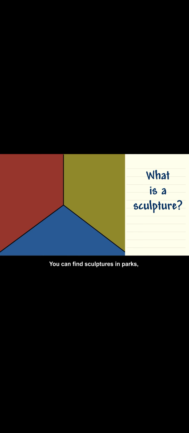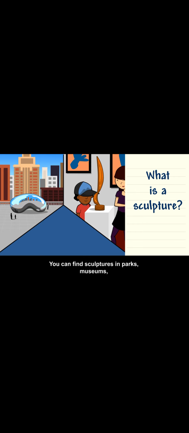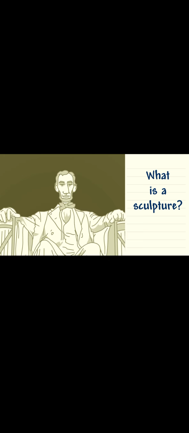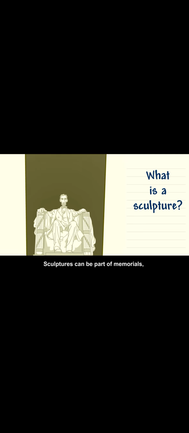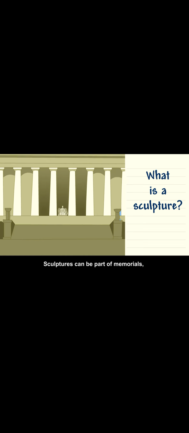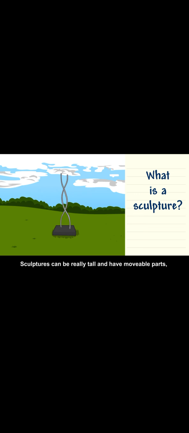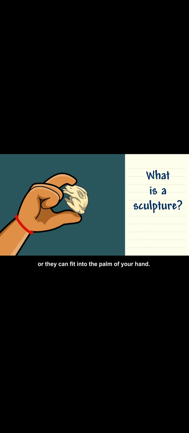You can find sculptures in parks, museums, and in some places of worship, like churches and temples. Sculptures can be part of memorials and even a part of buildings. Sculptures can be really tall and have movable parts, or they can fit into the palm of your hand.